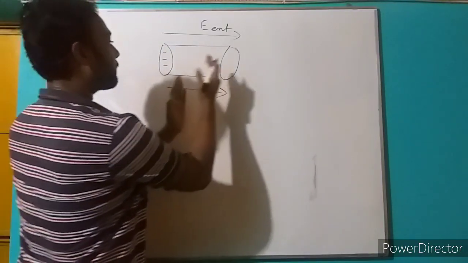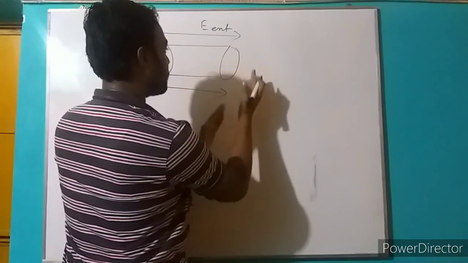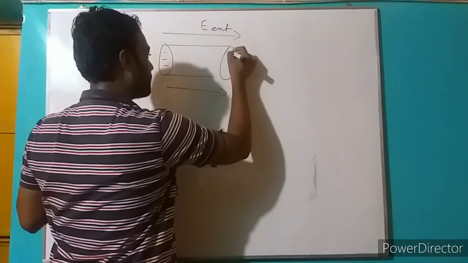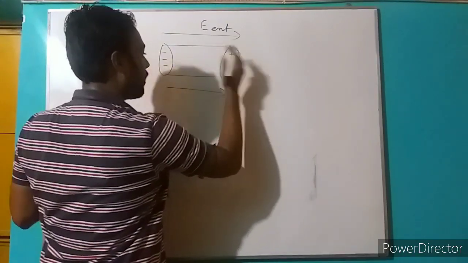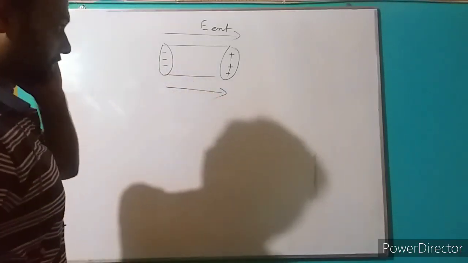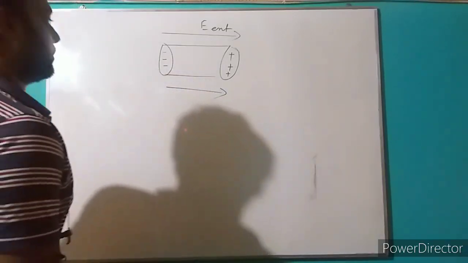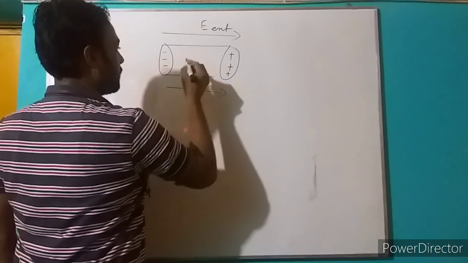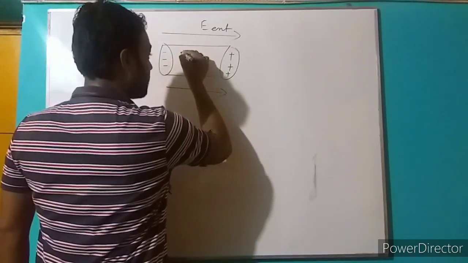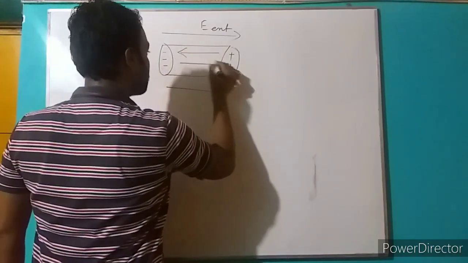Oppositely, holes, that means positive charge particles, accumulate at the other end of the conductor. So inside the conductor an induced electric field is generated.